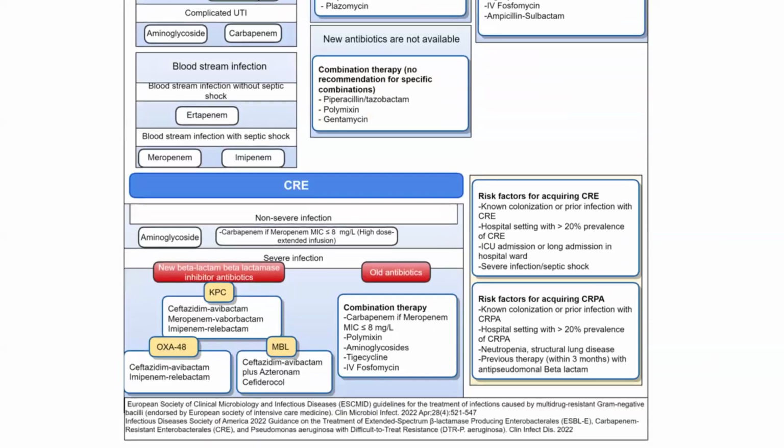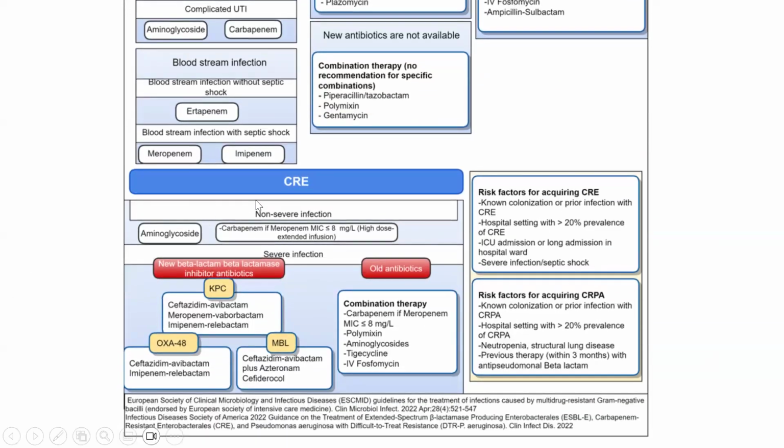For carbapenem-resistant Enterobacterales, if the infection is non-severe, we can use aminoglycoside or carbapenem, especially if the meropenem MIC is less than 8. But if it is a severe infection and you have the new beta-lactam, beta-lactamase inhibitors, and these antibiotics are sensitive to the pathogens, we use them according to the resistance genetic pattern, either KPC or OXA-48 or metallo-beta-lactamases.